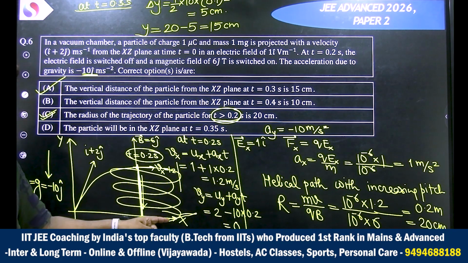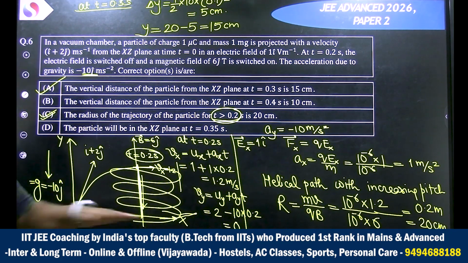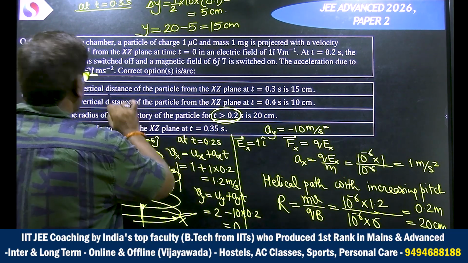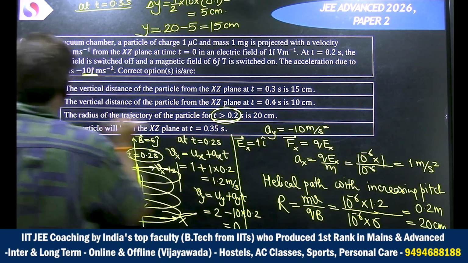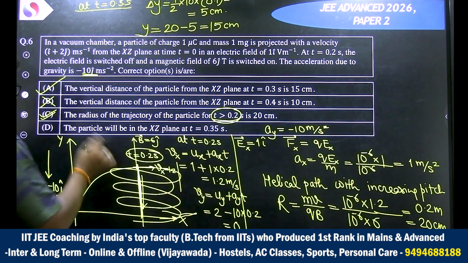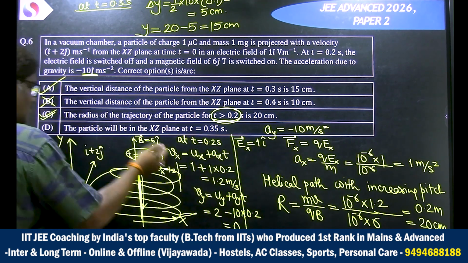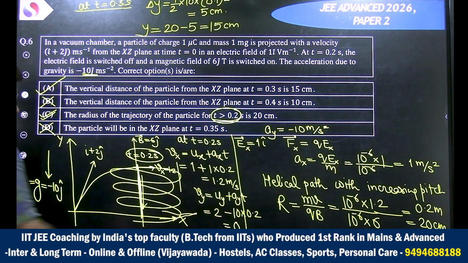So the vertical displacement being 10 centimeter is wrong. The particle being in the xz plane at t equals 0.5 is also wrong, because you already checked that at 0.4 it will be in the xz plane.